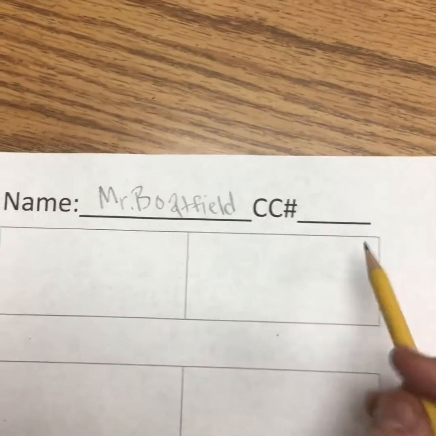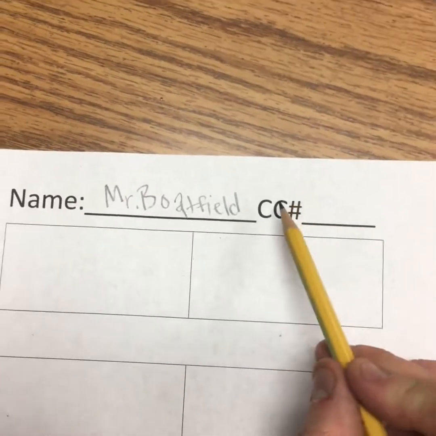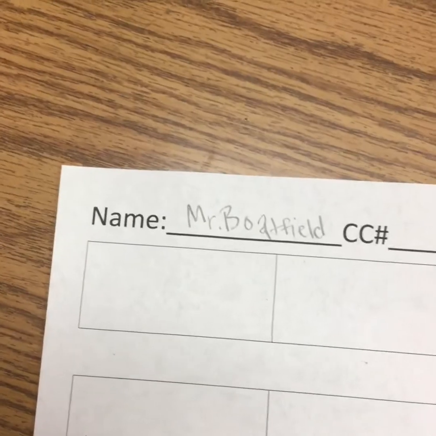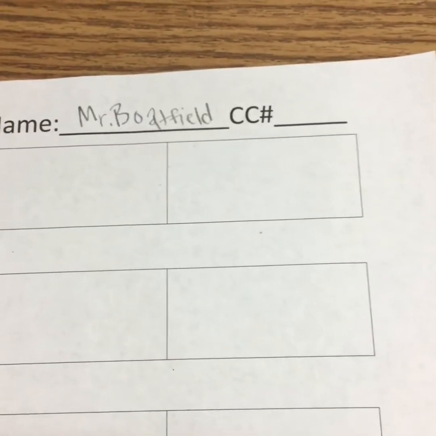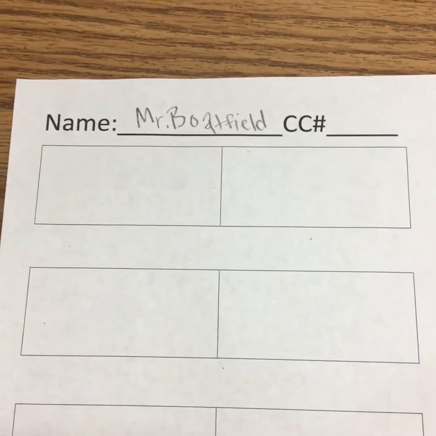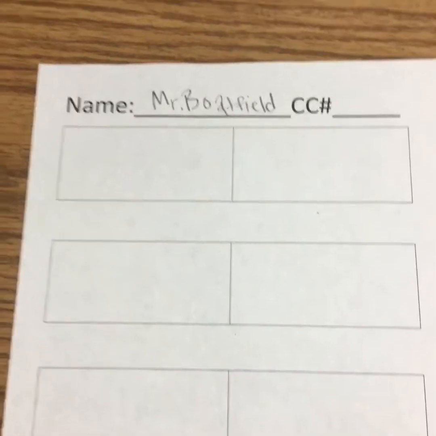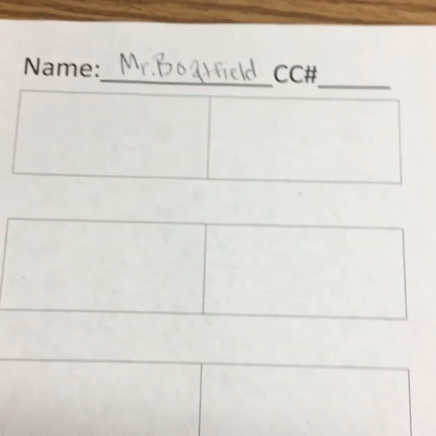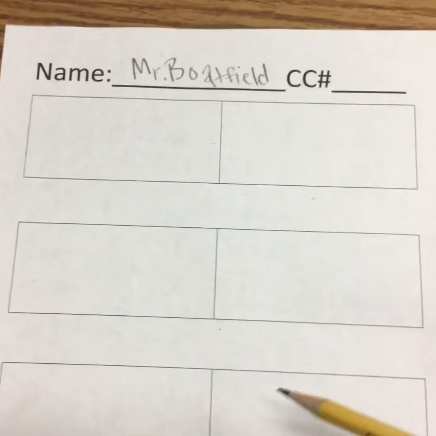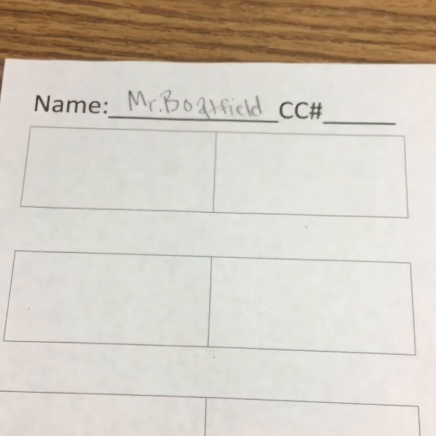And then it also asks for a special class code. CC means class code. I will give you that class code now. So now that we have our class code, let's get started on what the worksheet's gonna ask from us. I need you to follow along with my directions, and you also need to write down anything that I write down. So if I start writing something on my worksheet, I need you to write it on yours as well.